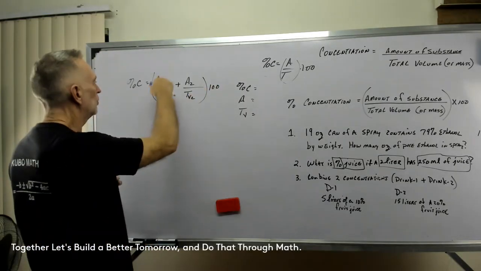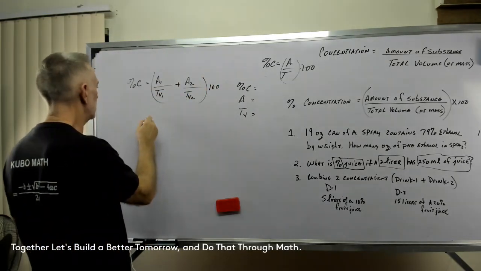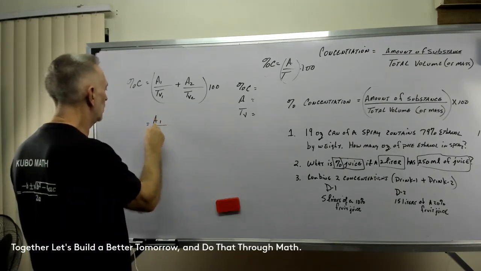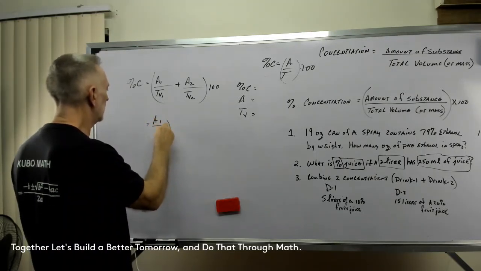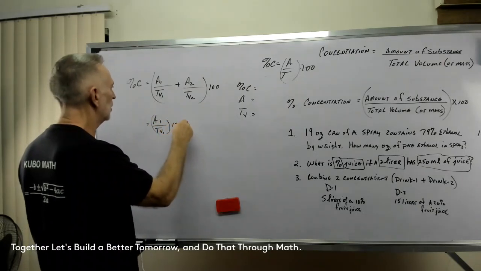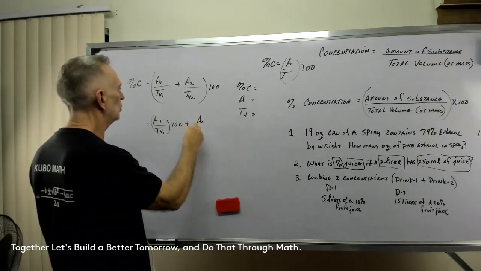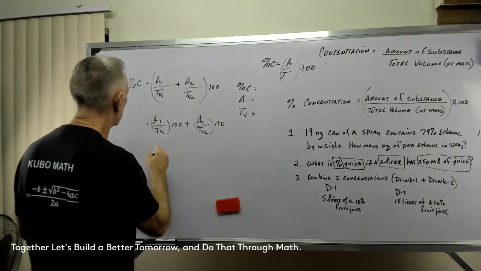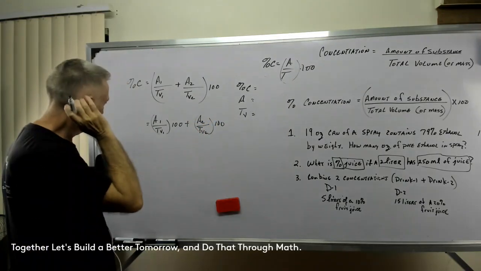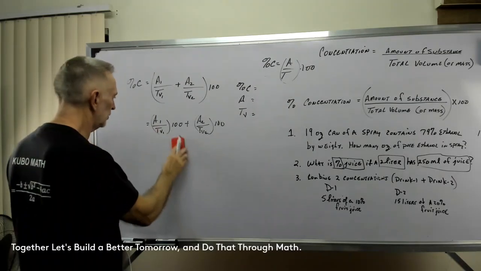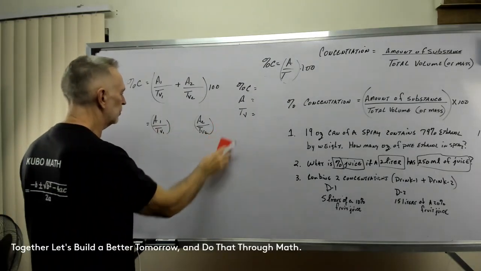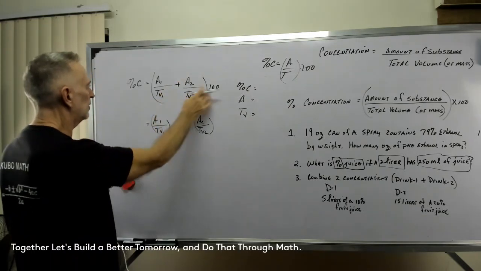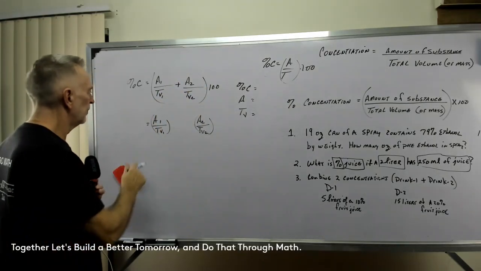Now that 100 could distribute to the inside, and I could have A1 over TV1 times 100 plus A2 over TV2 times 100. I could add those percentages together, but I think what I'm going to do at the moment is figure out what those are, plug them back in here, and multiply that by 100.